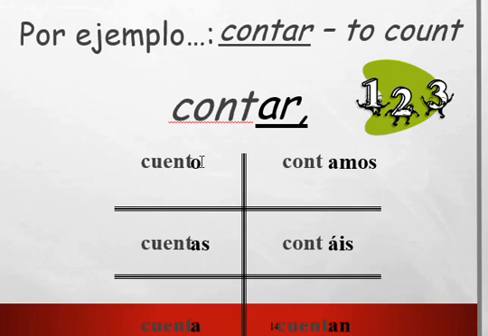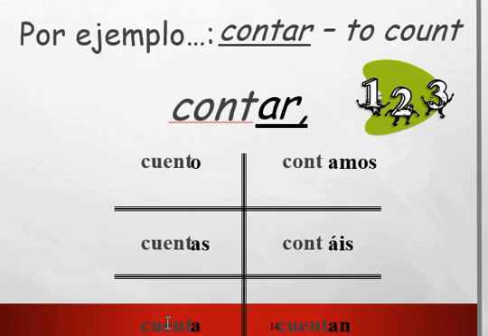So the yo form has an O ending, but notice that the O in the beginning of the verb changes to a UE. So I tell or I count is cuento. In the tú form, our ending remains the same as any other AR verb, it has an AS ending, but that O changed to a UE in the beginning. You tell or you count is cuentas.